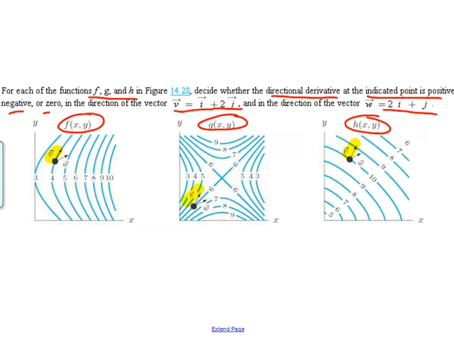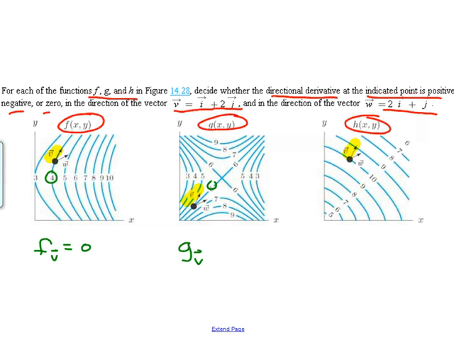So in the first case, the change of f in the v direction, we'll notice that it's following along that same contour line. So the z values aren't changing, so this equals 0. And what about in the next case? Look at how g changes in the v direction.